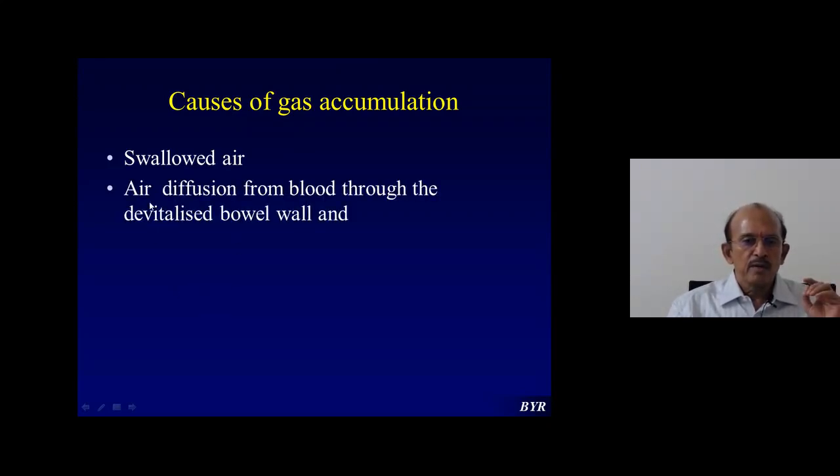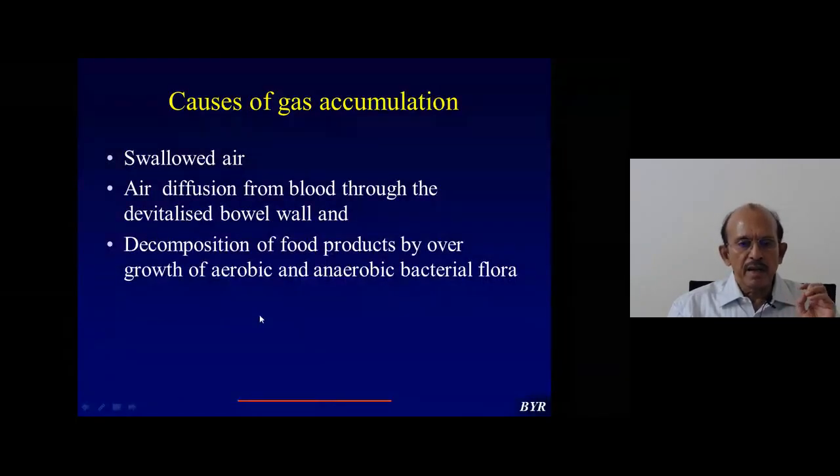Number two, there will be air diffusion from the blood through the devitalized bowel. Whenever there is atonic bowel, there will be diffusion of gases from the blood into the intestinal lumen. And thirdly, due to decomposition of food products by overgrowth of aerobic and anaerobic bacterial flora.